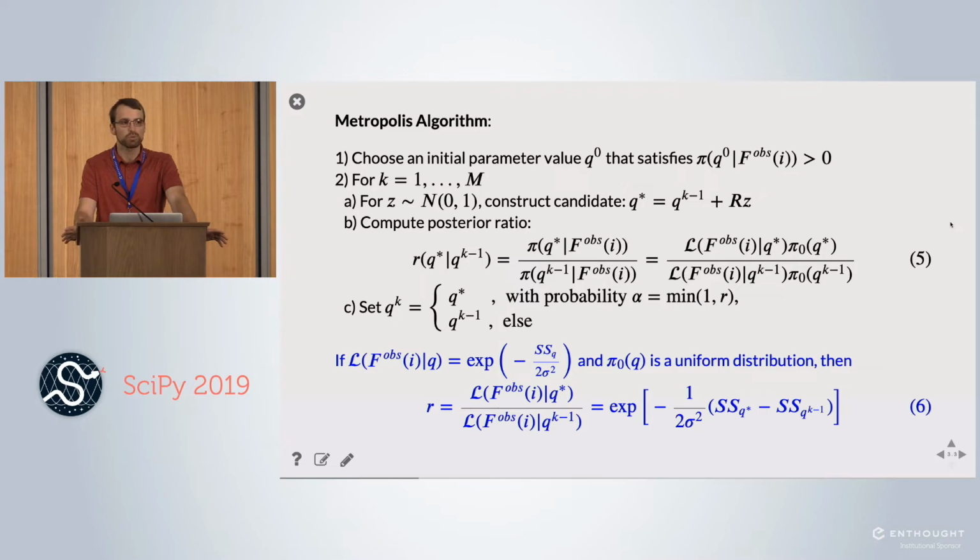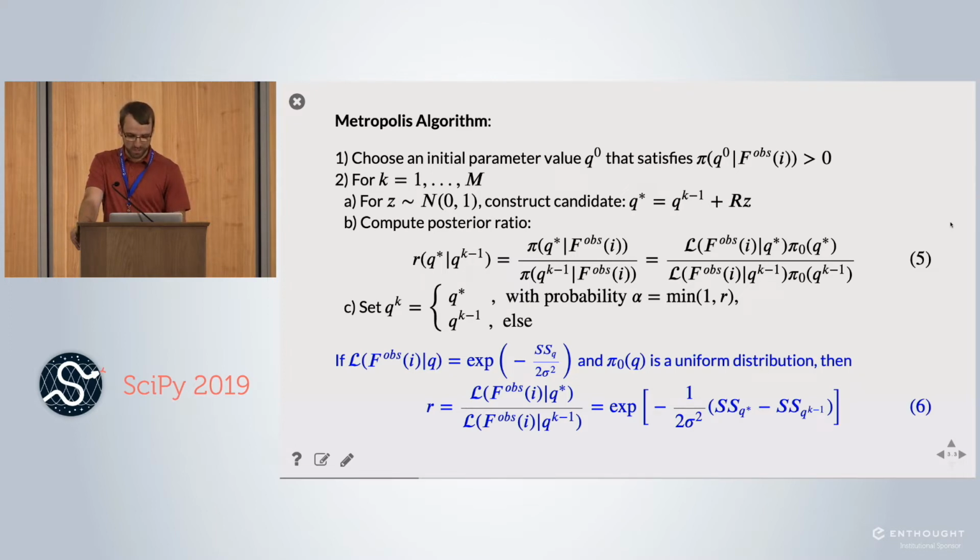If it goes up, we're going to accept it based on that ratio. If it's close to what it was before, it seems reasonable it could still be an okay parameter set, so we'll potentially accept it, but we won't outright reject it. This allows us to not get stuck in local minima in our error surfaces and things like that. So that's really a crash course on Metropolis, and hopefully that's the worst math.